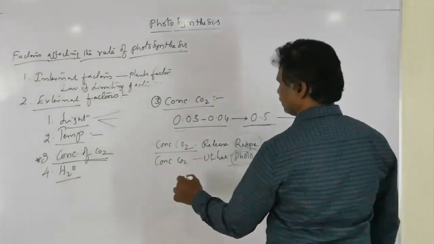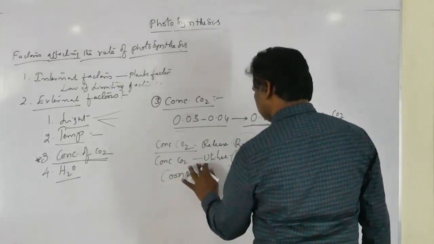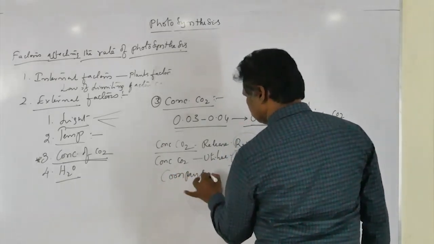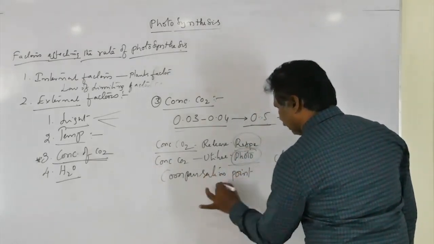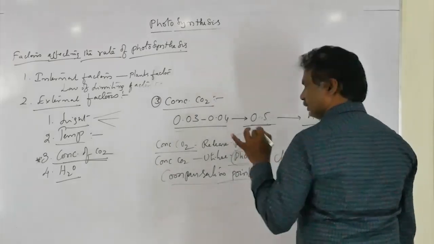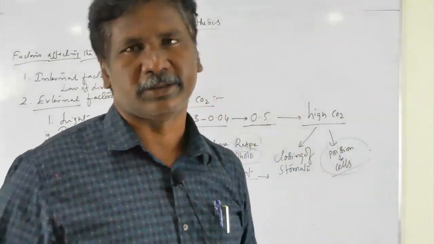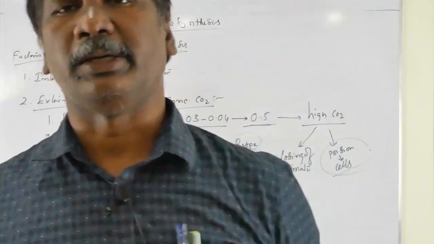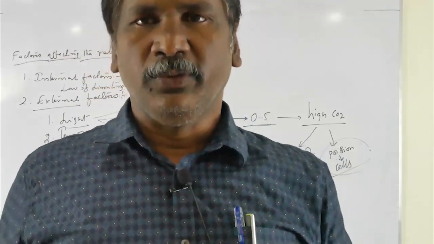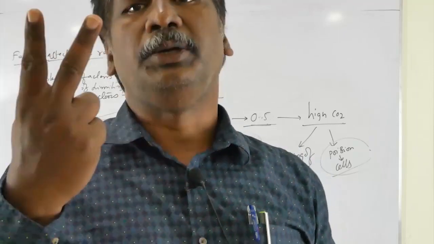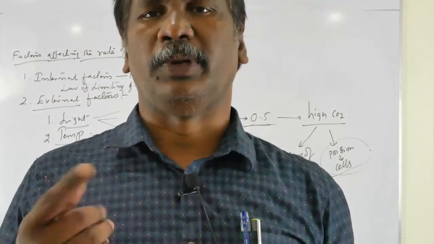The CO2 compensation point is higher in C3 plants and lower in C4 plants. Why? Because C4 plants utilize more CO2 for their photosynthesis due to the presence of two carbon fixations.